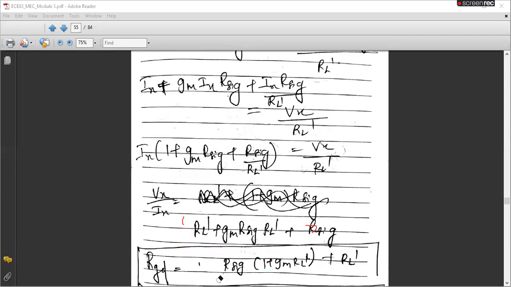So Vx by Ix is equal to, if I multiply RL dash here, RL dash plus Gm RSig into RL dash plus RSig into RL dash. After that, I can take RL dash common from the first two terms. So this is the required expression, Vx by Ix, that is nothing but your RGD.